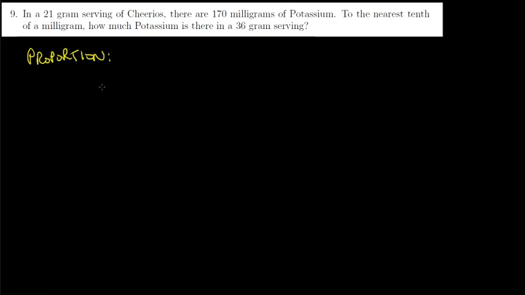Right. So we have 21 grams of Cheerios. So let's write that out, Cheerios. And in a 21-gram serving, we have 170 milligrams of potassium. I'd love to abbreviate the symbol K as potassium on the periodic table, but I'll just write it out as potassium.